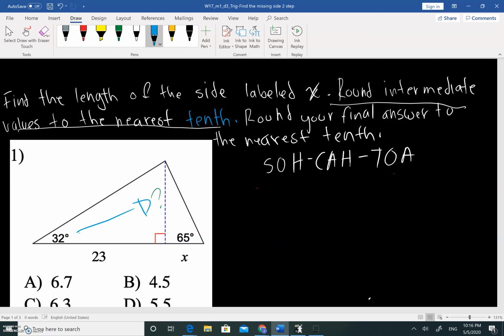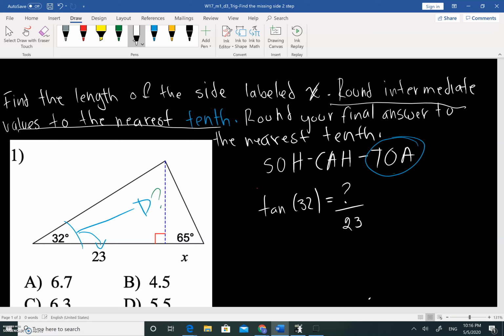So the question mark is opposite to my angle, and it's adjacent to the side. So opposite and adjacent, that will be TOA. So we're working with tangents. So it's going to be tan of 32 is equal to question mark over, not x, 23.